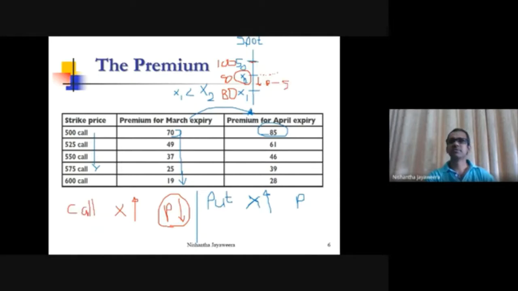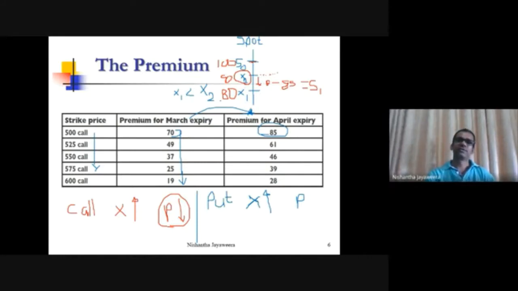You exercise the put option with a strike of 90, because now you can sell it at 90 whereas the market is at 85.